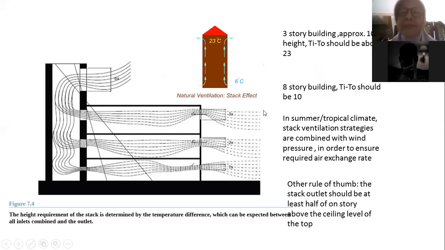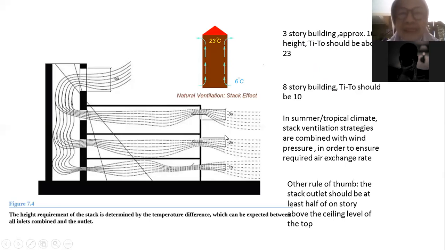So about the temperature difference, for 3-story buildings, approximately 10-meter height, the difference between indoor and outdoor temperature should be about 23. It is impossible if we have it in the tropic. For an 8-story building, it should be 10 degrees. In summer or tropical climate, stack ventilation strategies are combined with wind pressure.